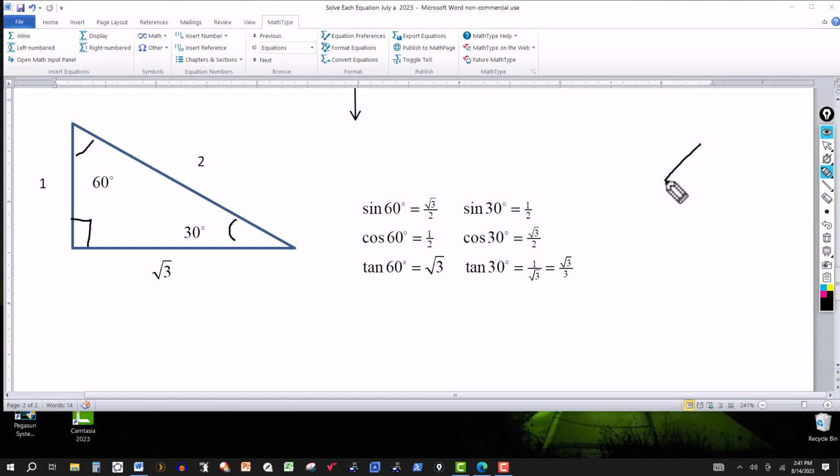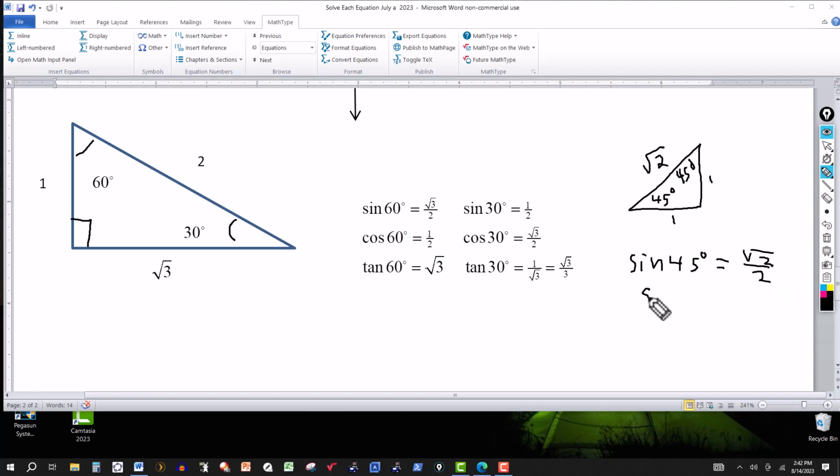Also know your 45-45 triangle. So this is 45 degrees, and this is 45. This is 1, and this is 1. This is the square root of 2. So the sine of 45 degrees is 1 over the square root of 2, or simplify that, square root of 2 over 2.